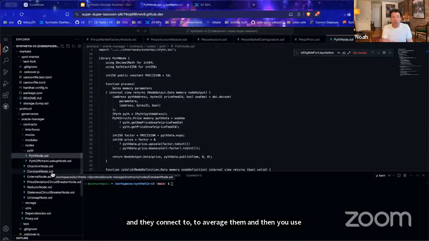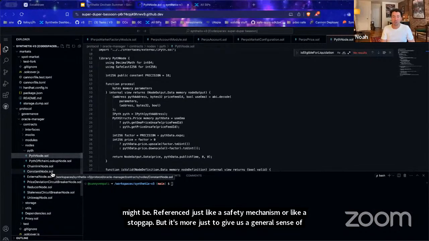The main use case for the Oracle Manager is really more about assessing collateral value, where we're not necessarily filling orders based on the price provided by the Oracle Manager. It might be referenced as a safety mechanism or a stopgap, but it's more to give us a general sense of how much collateral is available.